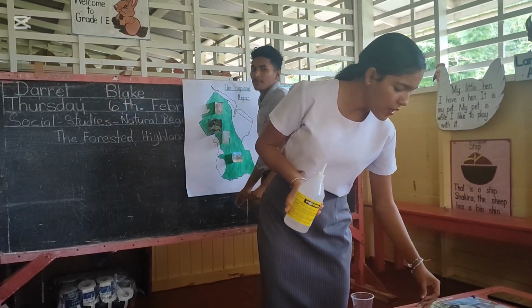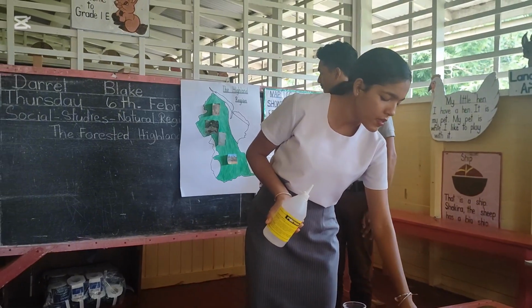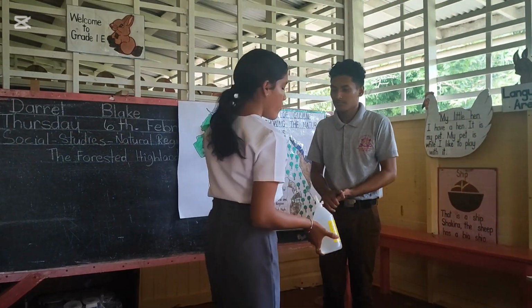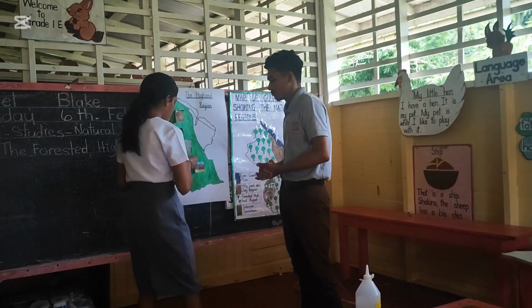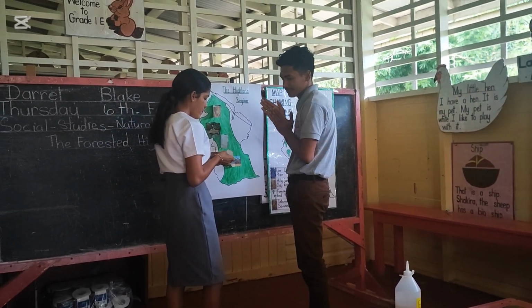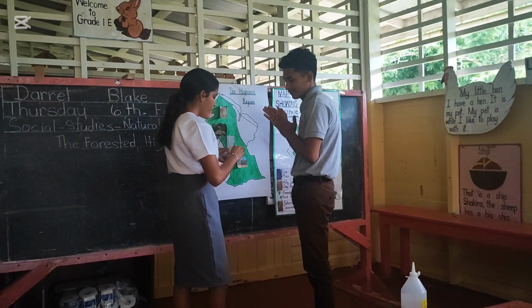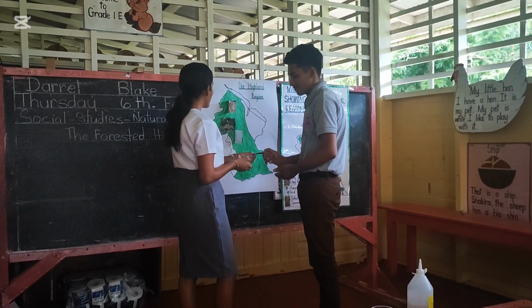And we also have some trees to represent that the area is of the forest. And these we just peel them and stick them in. Alright, you can place that somewhere.